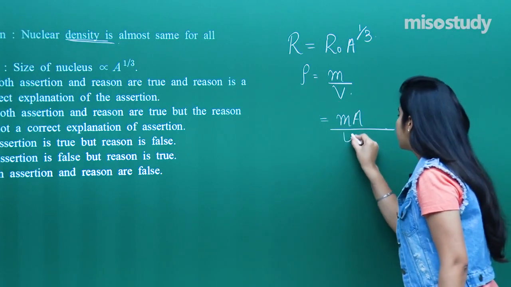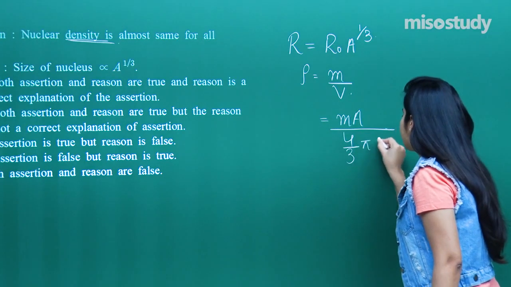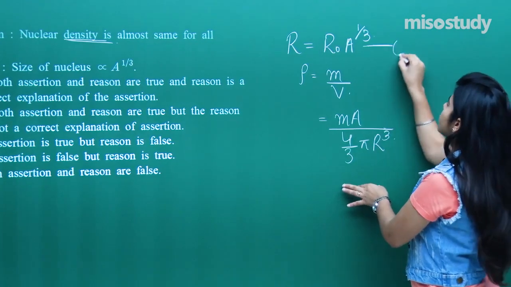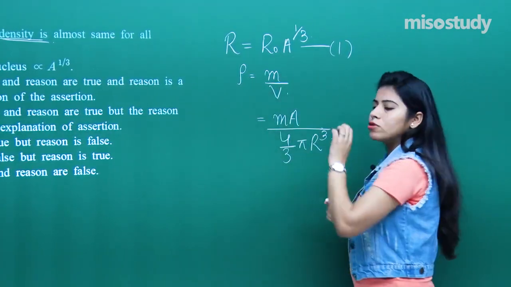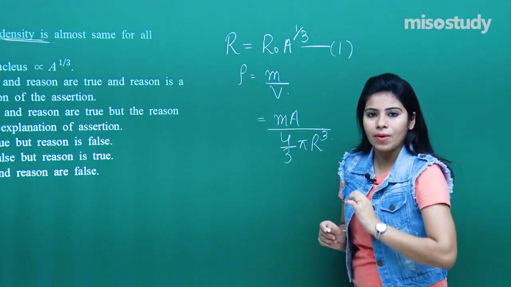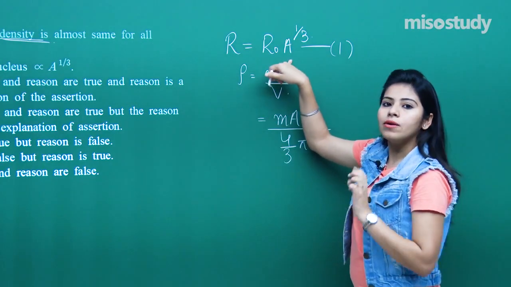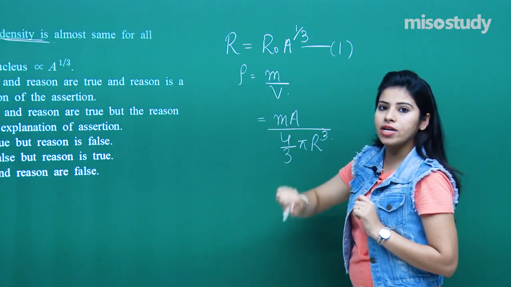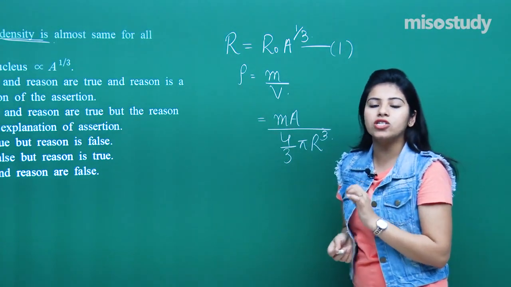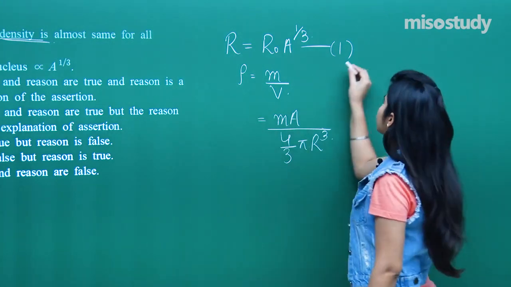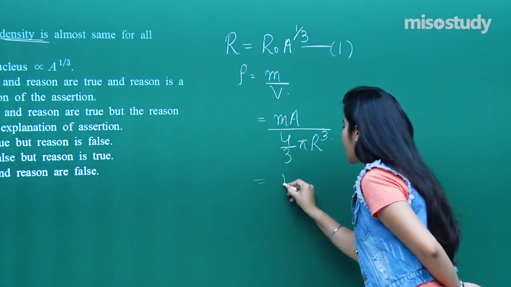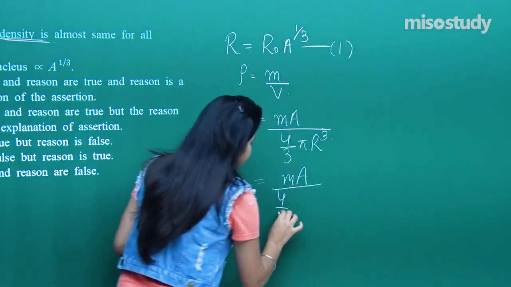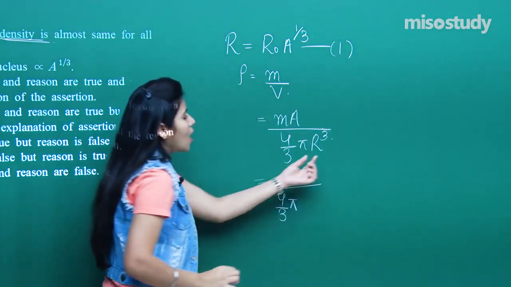Volume will be 4 by 3 pi r cube. Now you have this equation, R equals R naught A raised to the power 1 by 3, where A is your mass number, R is the radius, and R naught is a constant value which is 1.2 Fermi. So let me just write here mA upon 4 by 3 into pi r cube.